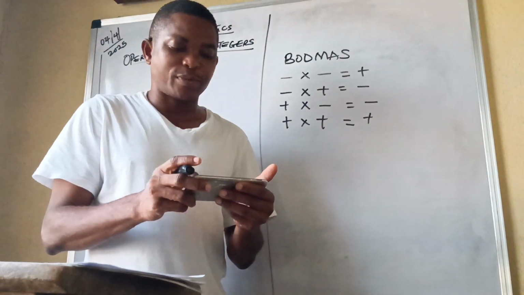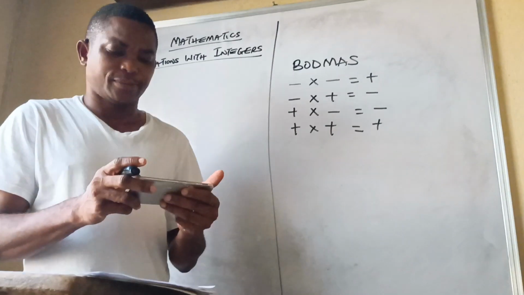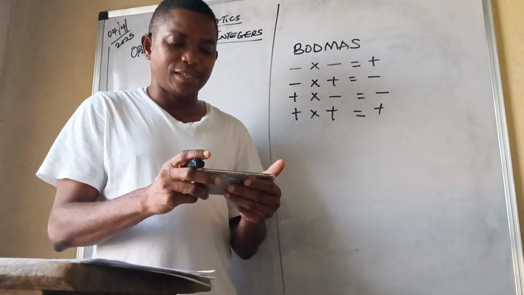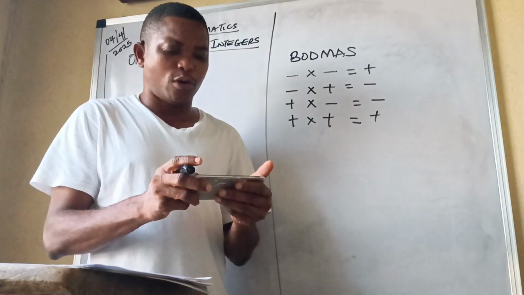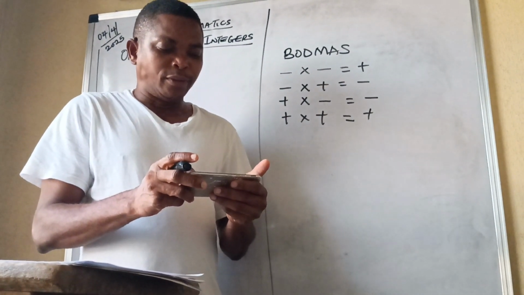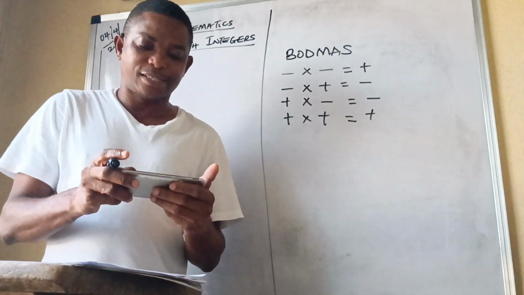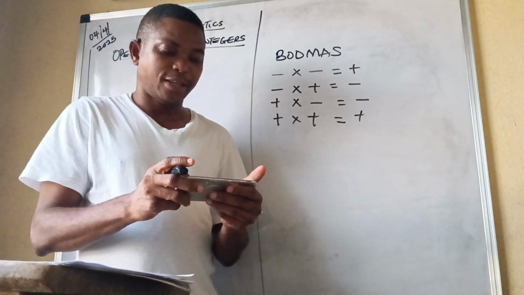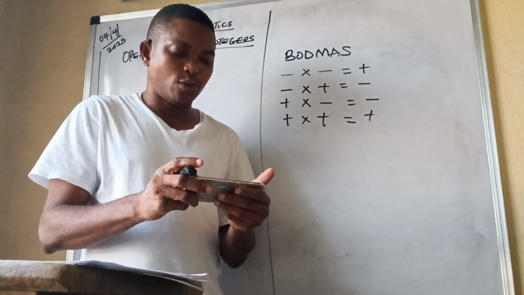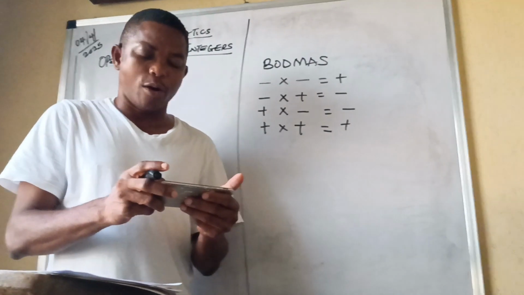Zero can also represent a starting point, and integers represent moving forward and backward. Integers is a set of all numbers and their opposites.